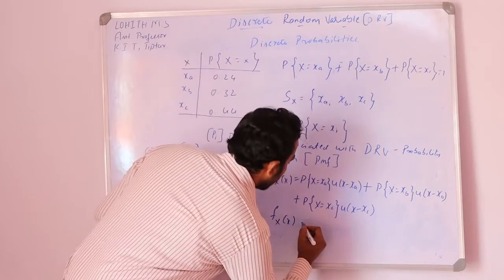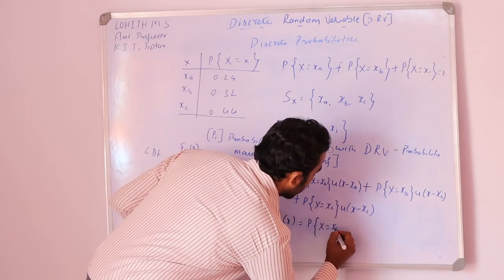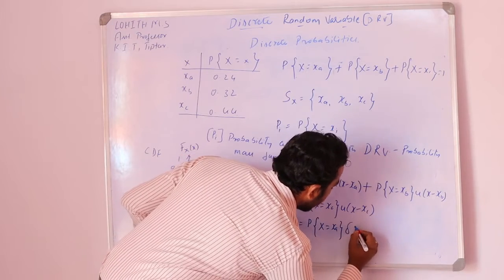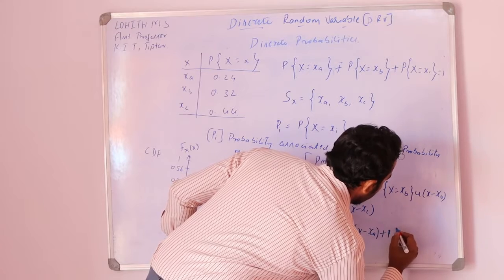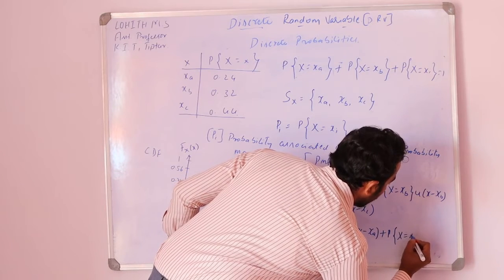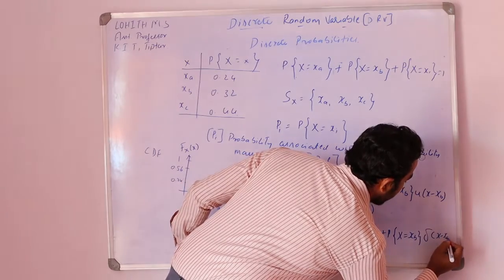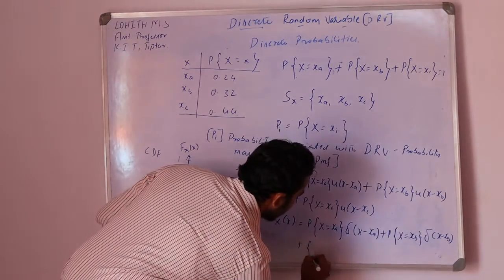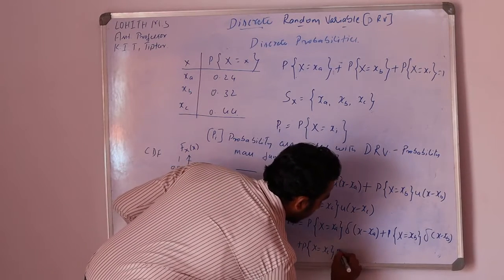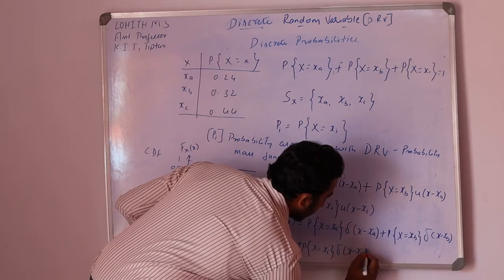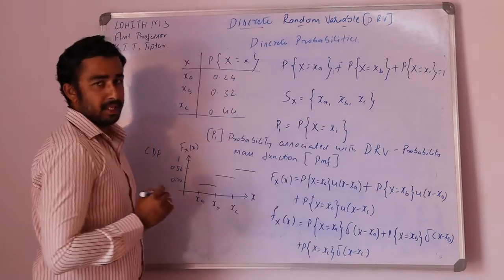So this we will get probability of x is equal to xa delta of x minus xa plus p of x is equal to xb delta of x minus xb plus p of x is equal to xc delta x minus xc. So this is a unit impulse function.